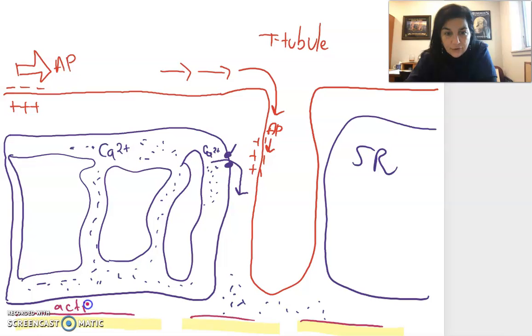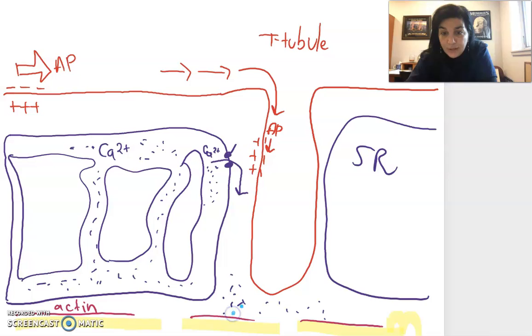So the thin fibers are actin and the thick fibers are myosin. I'm just illustrating both fibers. I'm not drawing a specific sarcomere here, but to show you the fibers are right here. And as you know, we also have regulatory proteins of troponin and tropomyosin that are here.